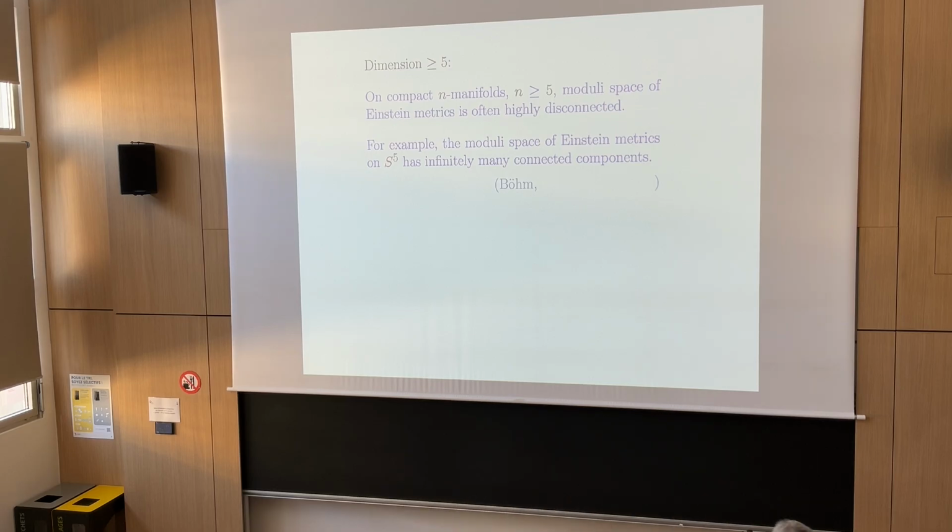What Böhm was able to show was that on the 5-sphere, you could find a sequence of Einstein metrics with, let's say, the fixed Einstein constant, maybe lambda equals 4, but where the total volume of the metric went to 0. It turns out on each connected component, that volume would be constant. That's related to the Einstein-Hilbert variational formula, which I'll say something about later in the lectures.